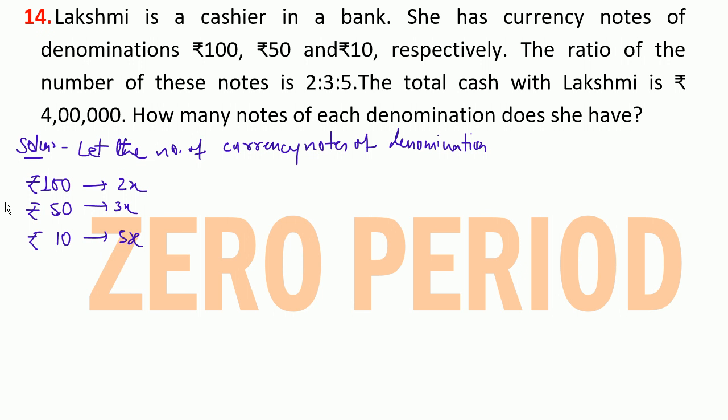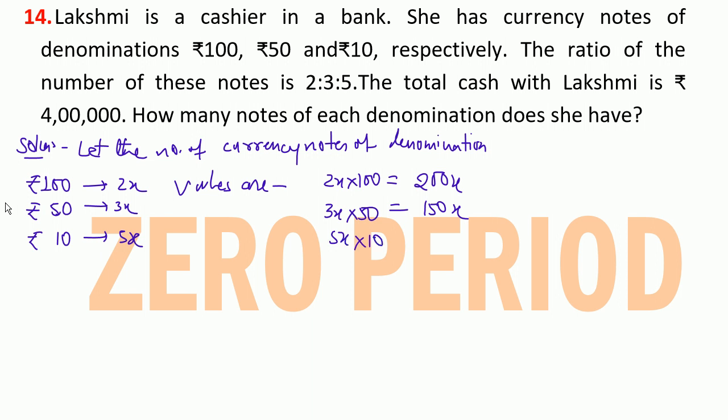So the total value will be, the values are 2x into 100, that will be 200x, 3x into 50, 150x, and 5x into 10, that is 50x.